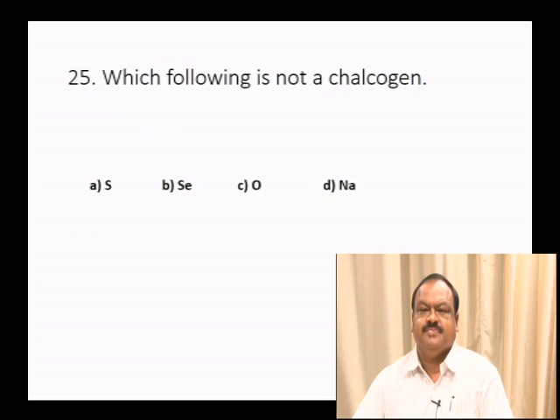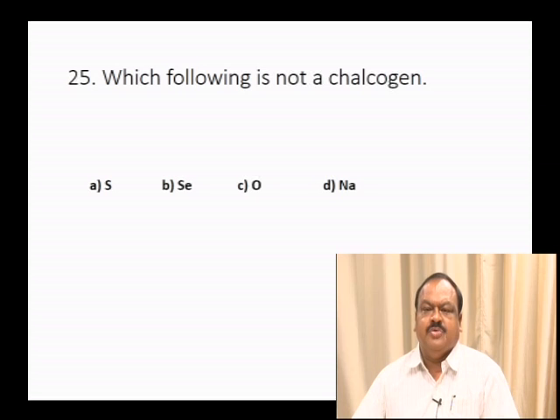Next, which of the following is not a chalcogen? Oxygen family is generally called chalcogens. Oxygen family contains oxygen, sulphur, selenium, tellurium, polonium.